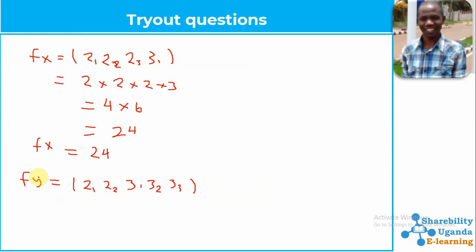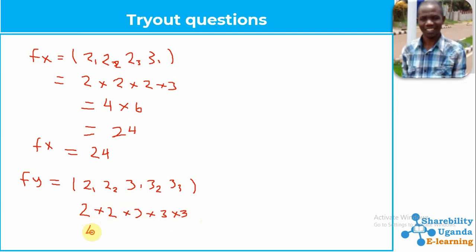So these are the prime factors of y. For our prime factors of y, now here we can put them in a multiplication form, which is going to be equal to 2 times 2 times 2, then times 3, times 3, then times 3. 3 is appearing how many times? 3 times.